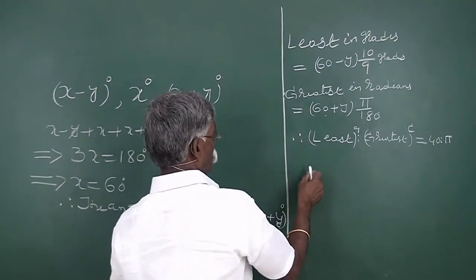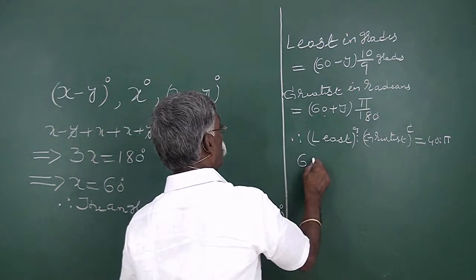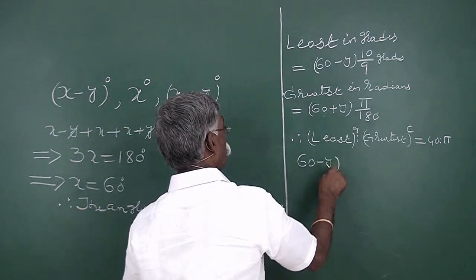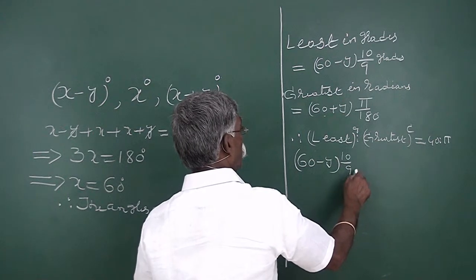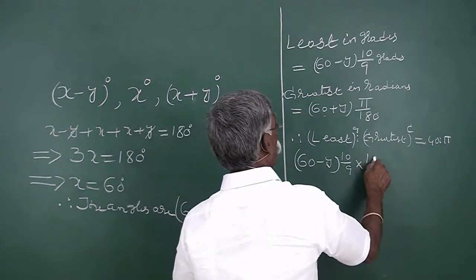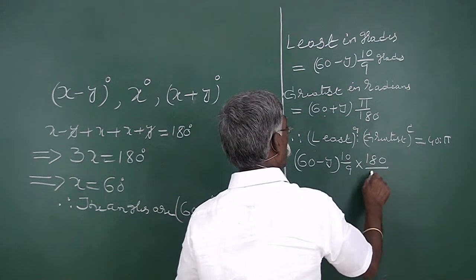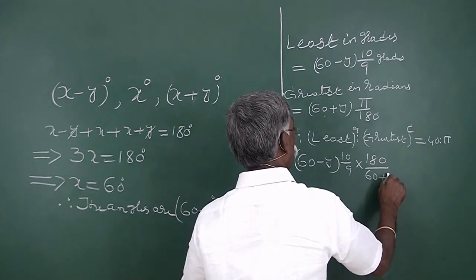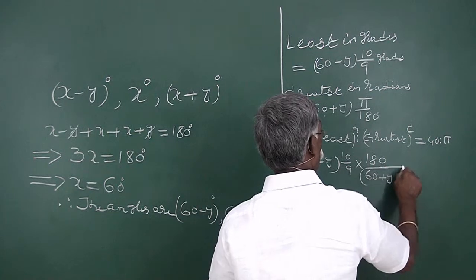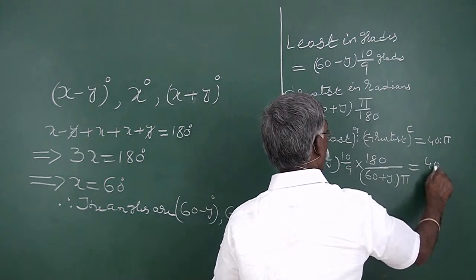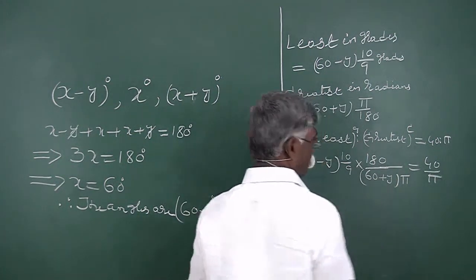So this implies the least angle is 60 minus y into 10 by 9 into 180 by 60 plus y into pi is equal to 40 by pi.